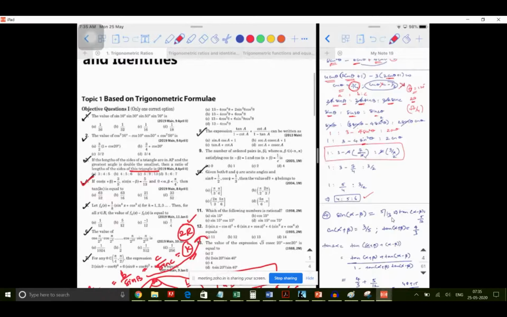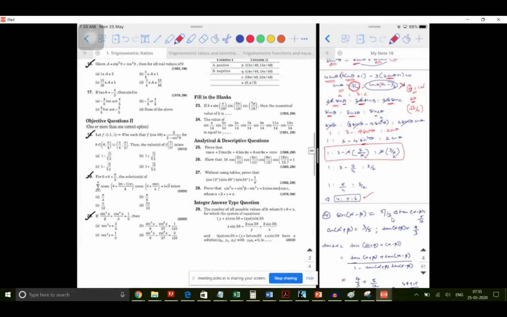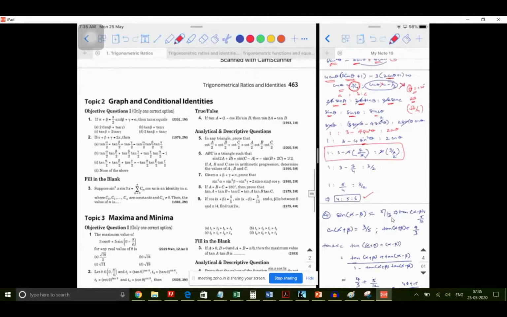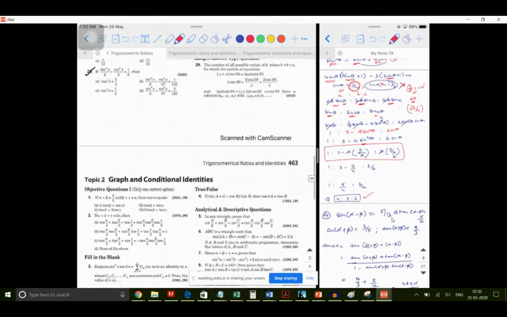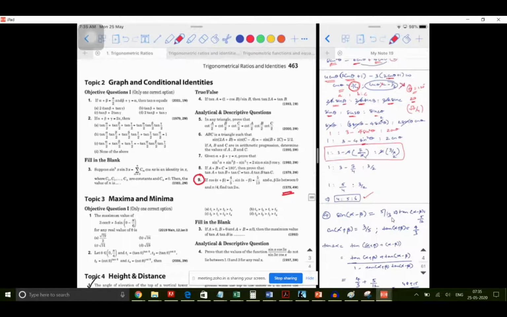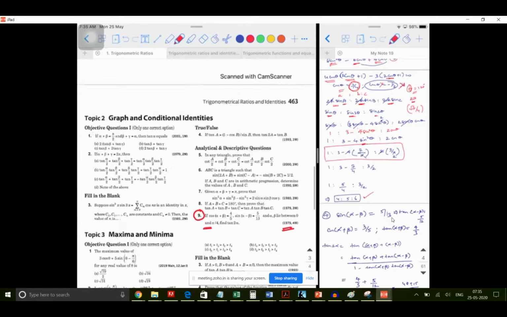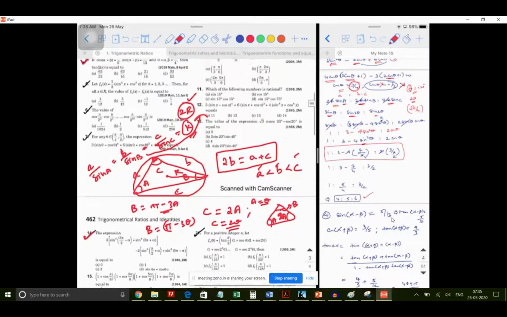If you look at this problem, if you go down, it's page number 463, that is the third page in the PDF. Look at the ninth problem which I am marking here. This was asked in 1979 for a 4-mark question. The same question got repeated. It is exactly the same question, if I am not wrong. So there is a repetition of this.